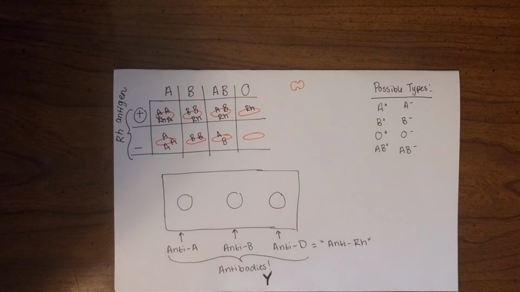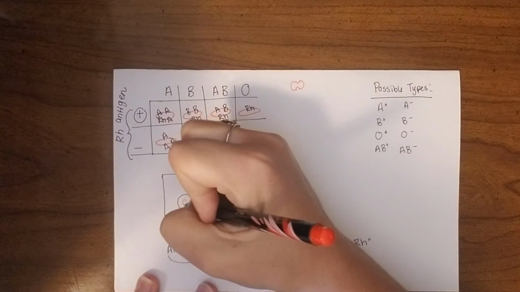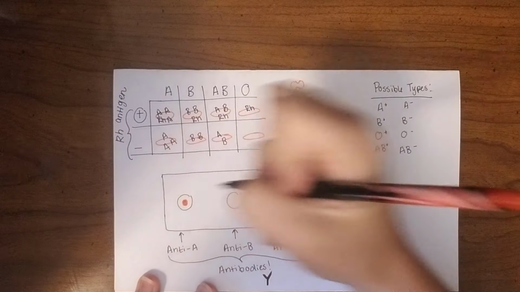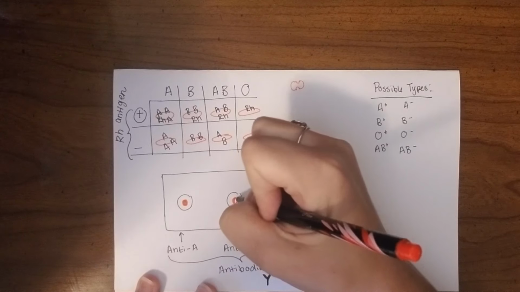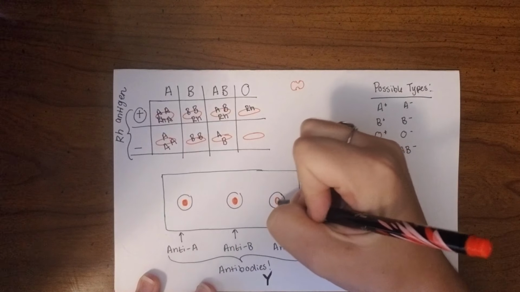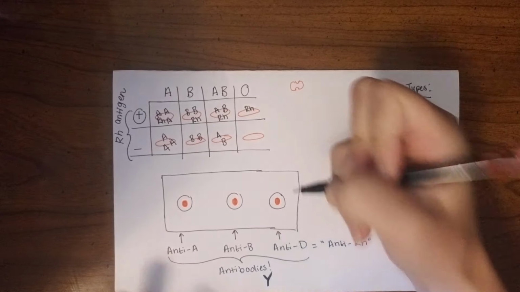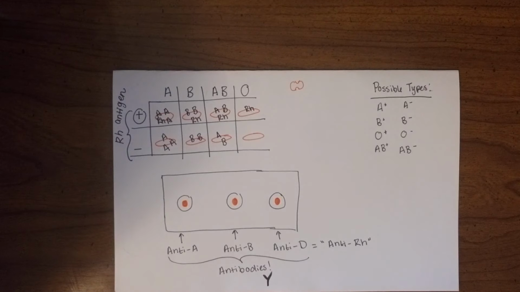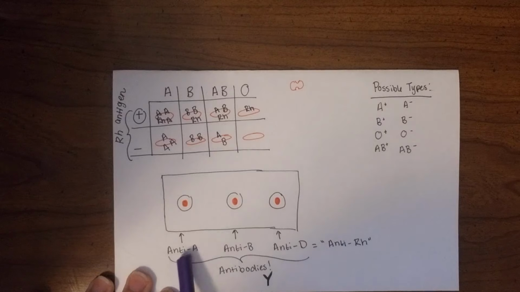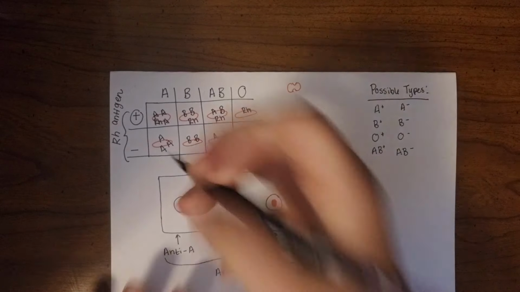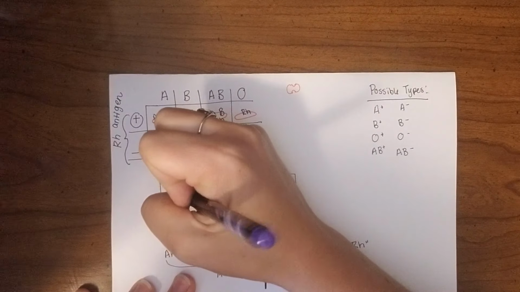Okay, so the first thing that you did when you did this experiment is you put your own blood on each one of these wells. Okay, and this was assuming that we do not know your blood type. So we put a drop of your blood on each one of the wells. The next thing that we did is we put antibody A on one of the wells. So here's antibody A.